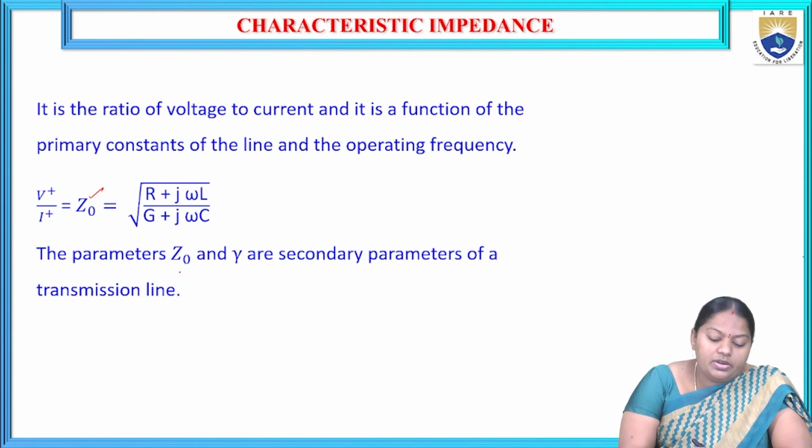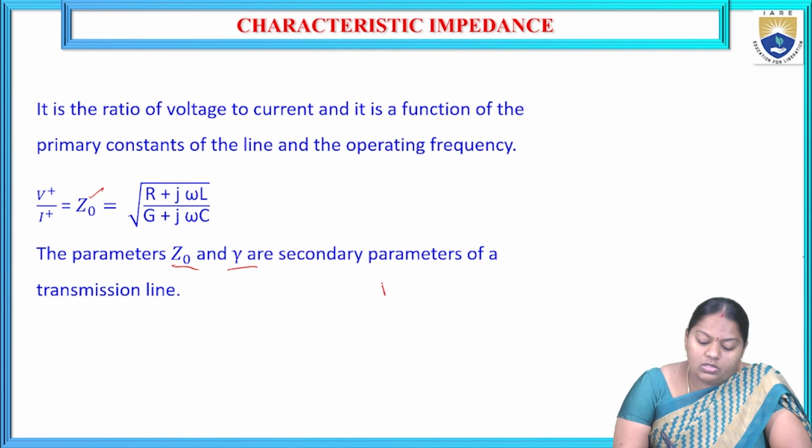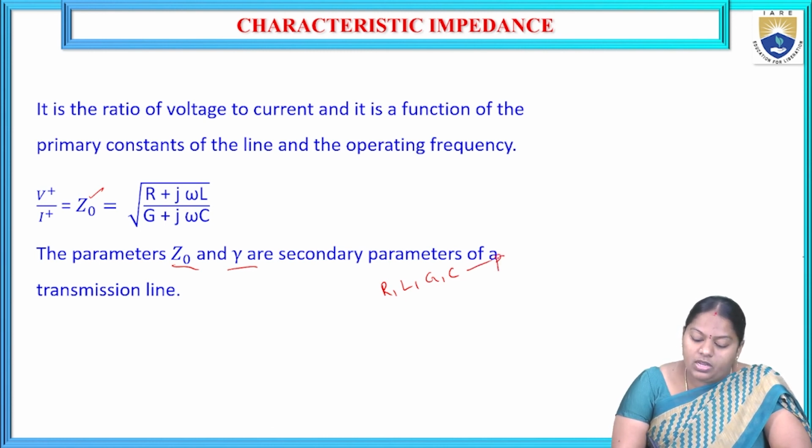The parameters Z0 and gamma are secondary parameters of a transmission line, right? So previously we have learned the primary constants of a transmission line as R, L, G, C: resistance, inductance, conductance and capacitance. The characteristic impedance Z0 and propagation constant gamma are called secondary constants.